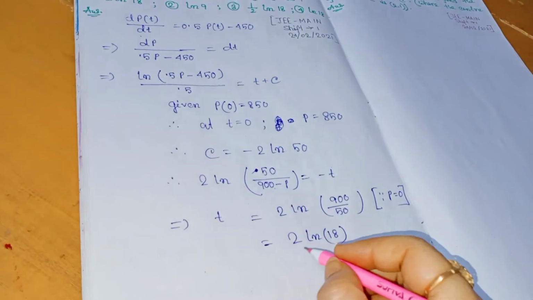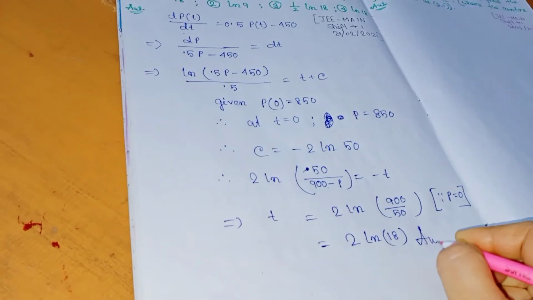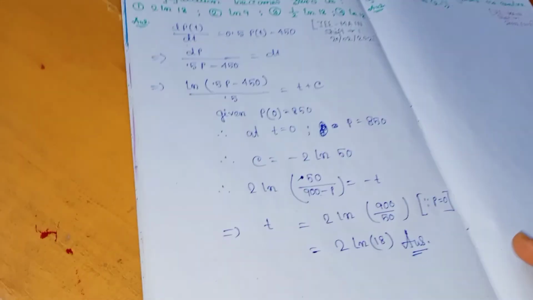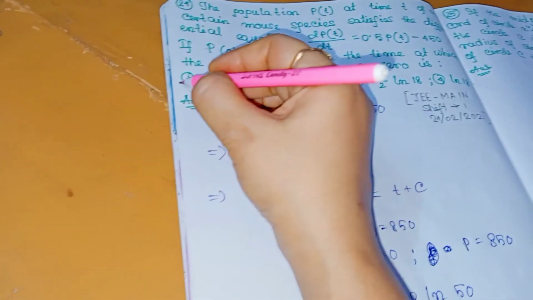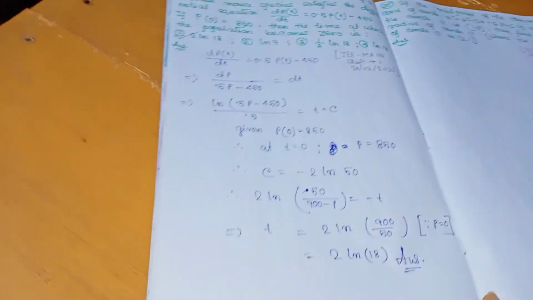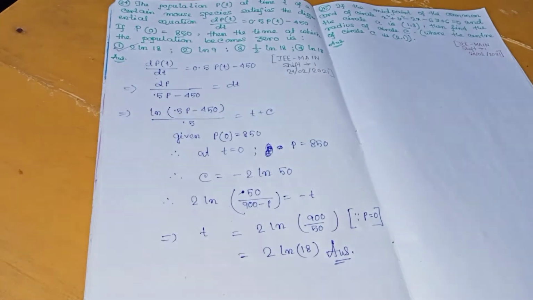So the time is t is equal to 2 ln 18, and it is our required answer, and option 1 is our correct choice. So here is the whole solution of question 24.